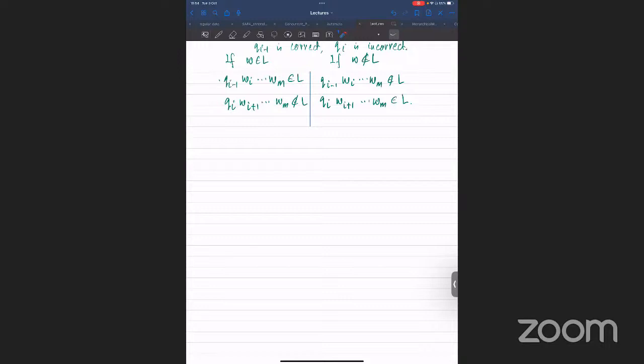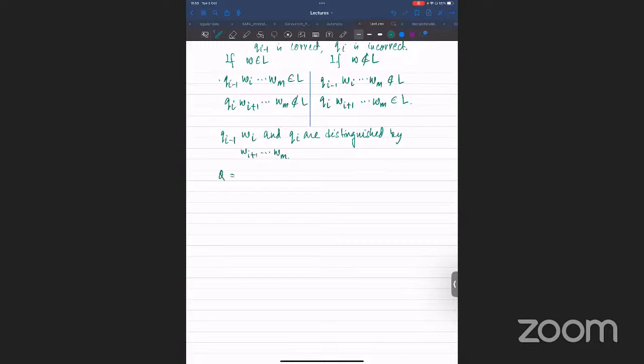So what does it mean? It means that Qi minus 1 Wi and Qi are distinguished by Wi plus 1 to Wm, this string. These two are distinguished by this string. Now, if this is the case, what do I add to Q?